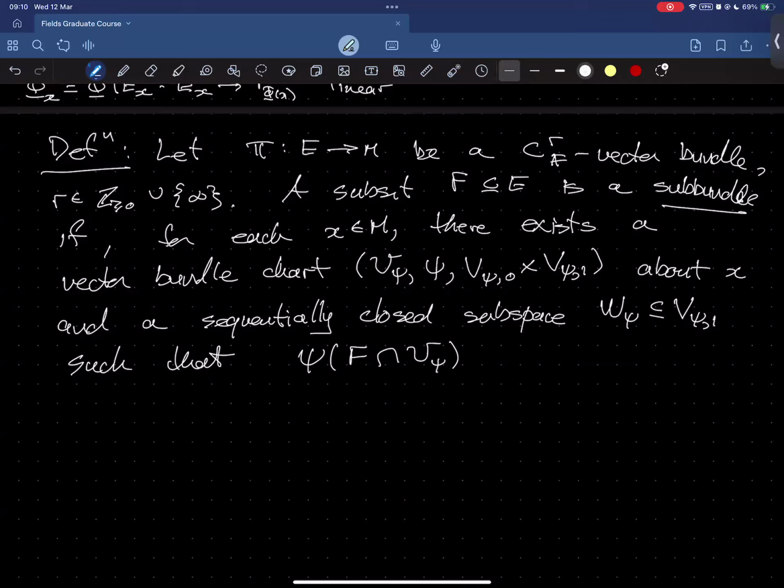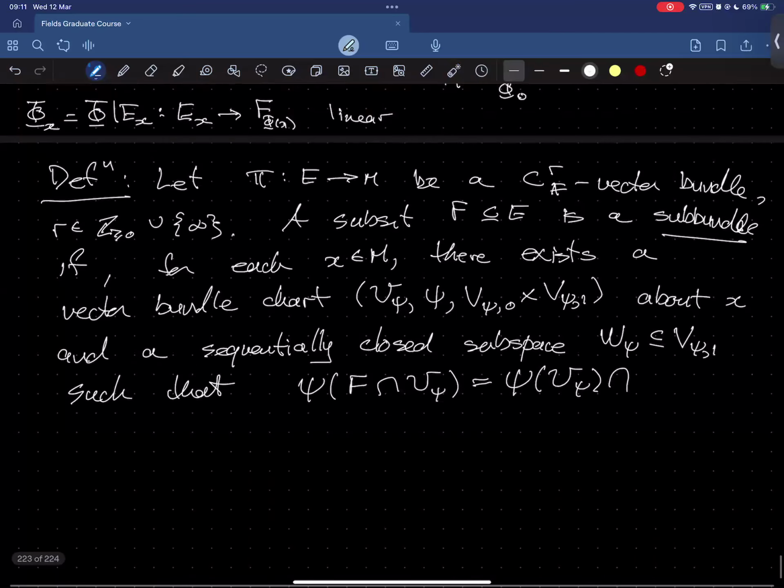So the image of this is going to look like the psi of V psi intersect, okay? So they're going to be points which in this component live in W psi. Okay, so it's going to be V psi naught cross W psi.